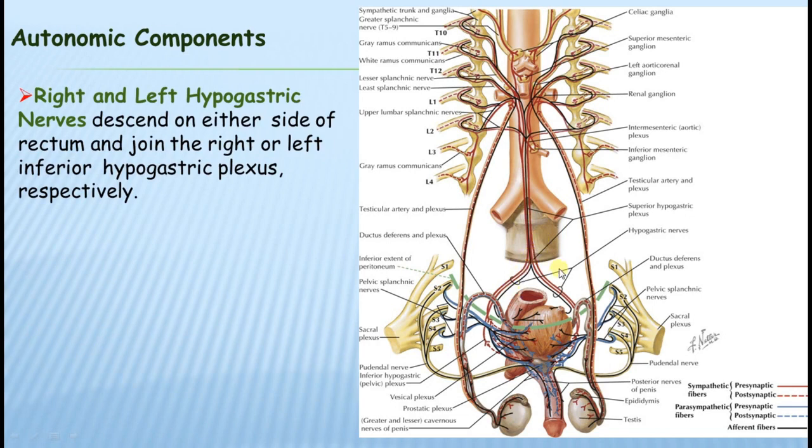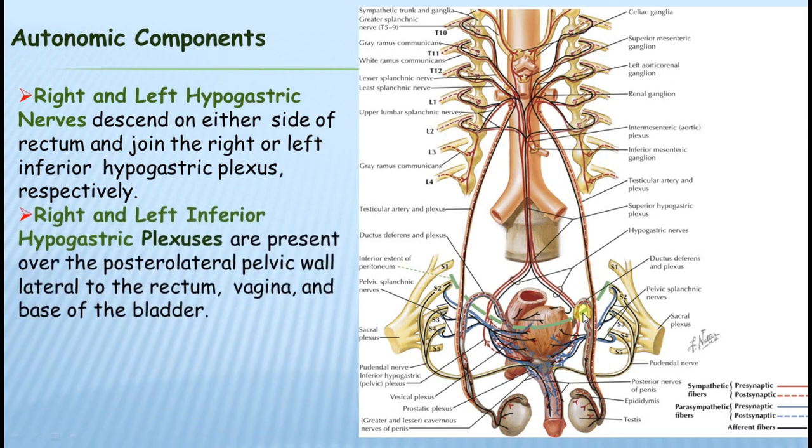So the right and left hypogastric nerves form two plexuses, right and left, by the side of the rectum. They are present on the posterolateral wall, lateral to the rectum, as a dense network of fibers. It is composed of both sympathetic as well as parasympathetic fibers. The postganglionic fibers are derived from the hypogastric nerves, whereas the preganglionic fibers are coming from the S2, S3, S4 pelvic splanchnic nerves.